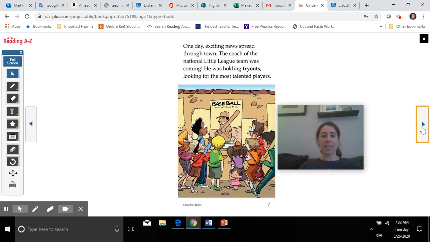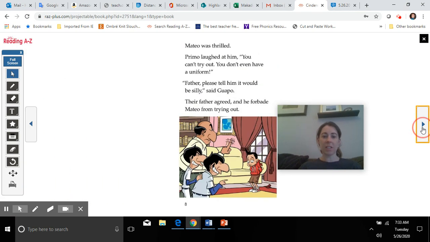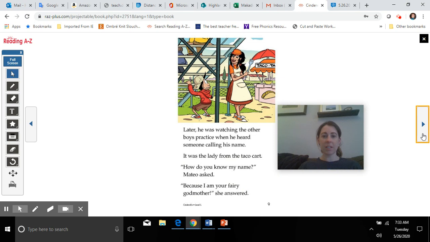Let's see if we can find any other settings. All right, let's see. There's the tryouts. He's still at his house here with his stepfather and stepbrothers. Okay, where is he here? It says he's watching the other boys practice. And there's a taco cart with his fairy godmother. He is at the baseball field.